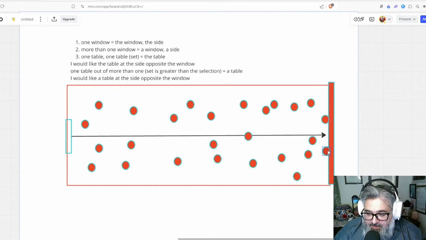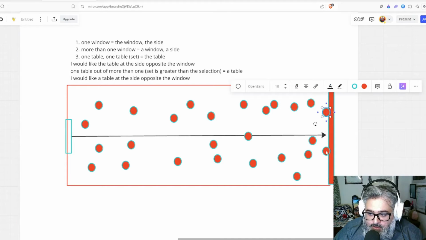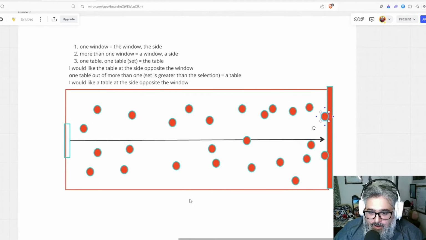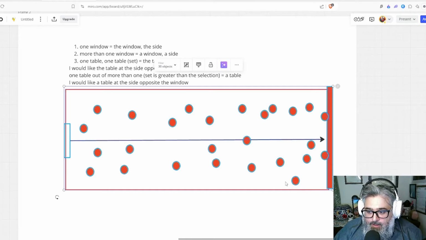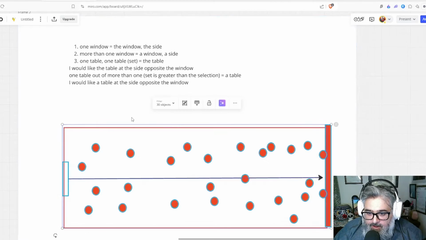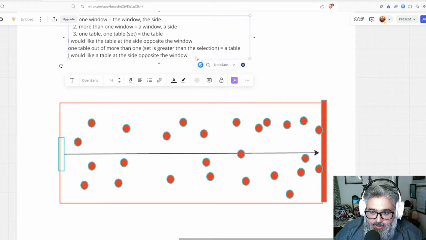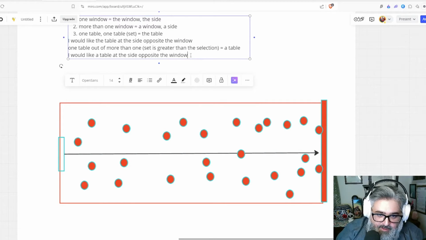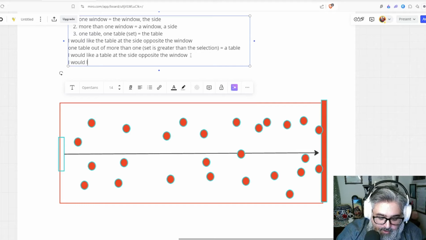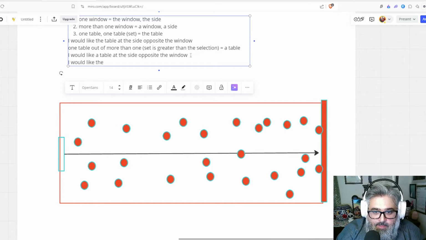But if he's very particular about it, he could narrow the set down to just one using a qualifier. Like this one is more north of this one, for example, right? So on the north side, there's only one table. So he's made the set smaller, and he could now say, I would like the table, because now the set is just one.